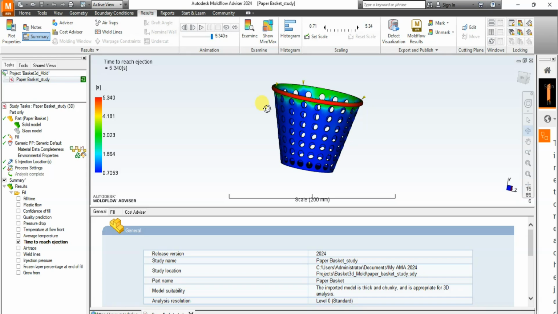You can check the time to reach ejection temperature result for a presumptive or assumed corrective action. So corrective modification is what today's technology is all about.